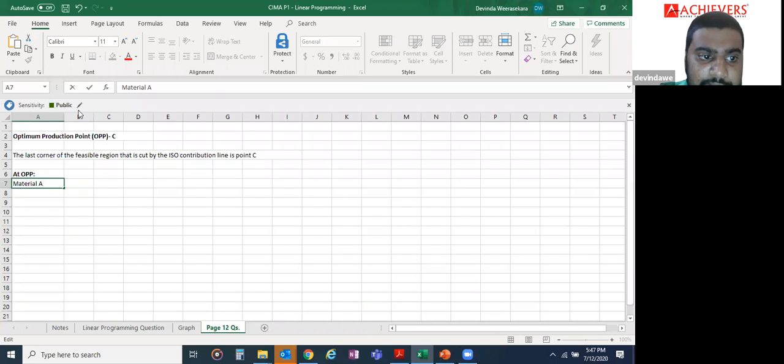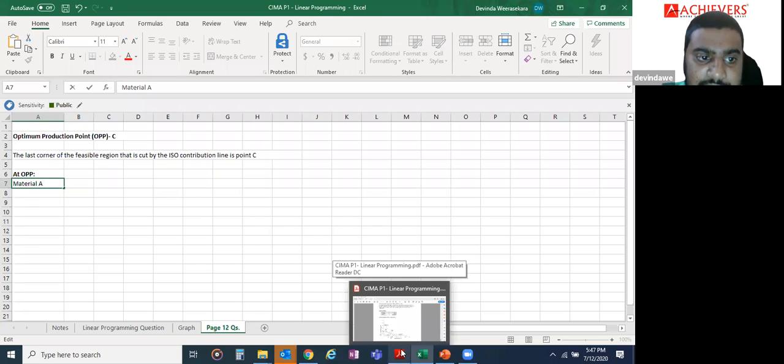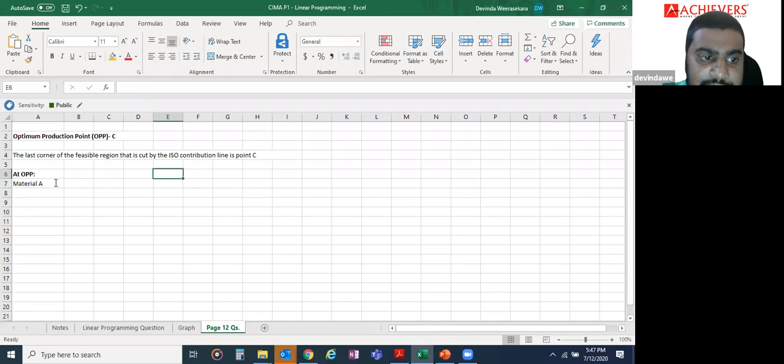The last corner that gets cut is point C. All corners get cut, but the last corner that gets cut is point C. So you have to take point C as the optimum production point. So material A and the other one is labor.